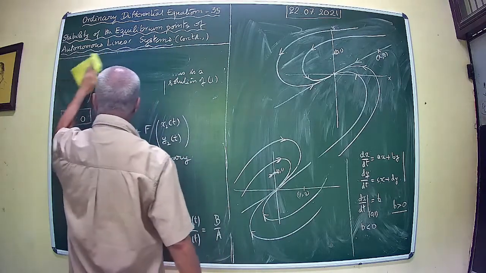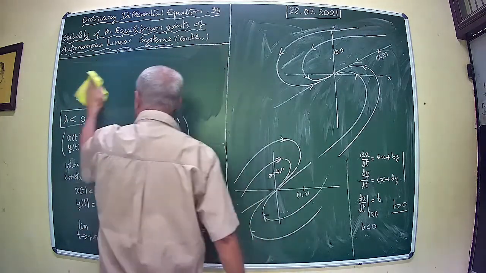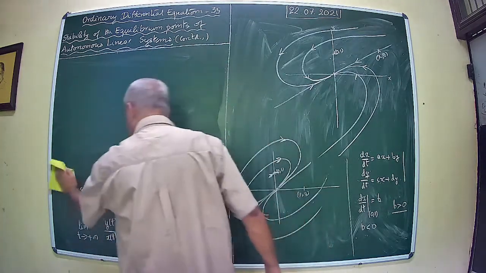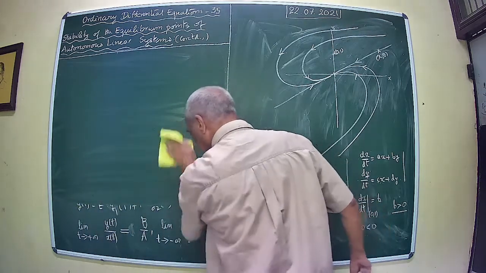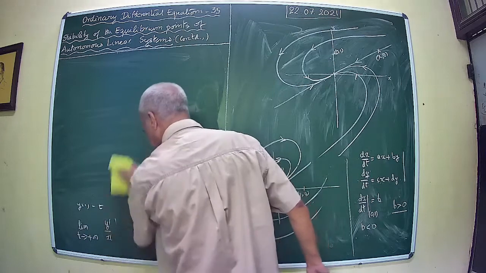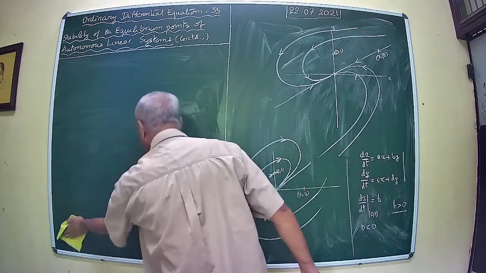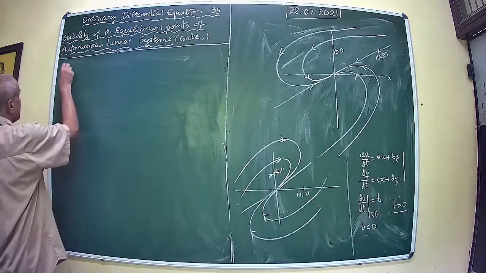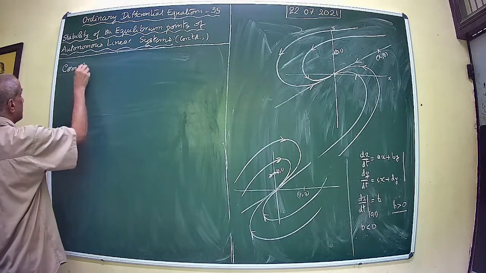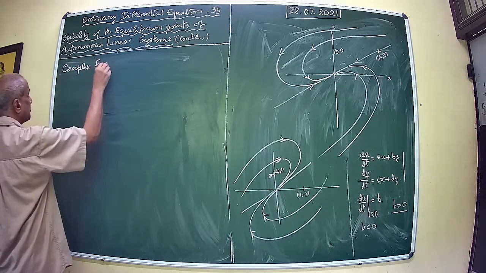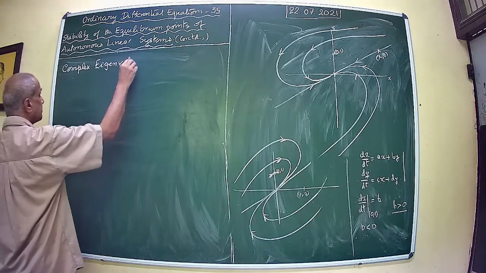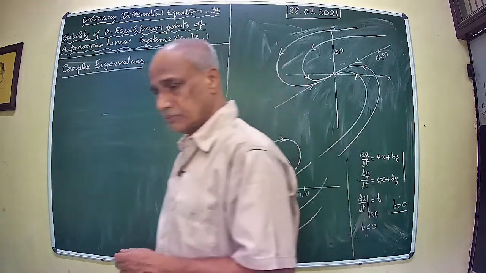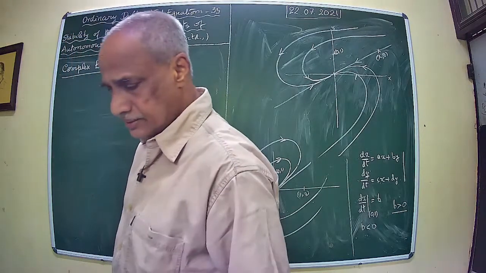Now we pass on to the next case where you get complex eigenvalues, and that's very interesting. So what is the equation?